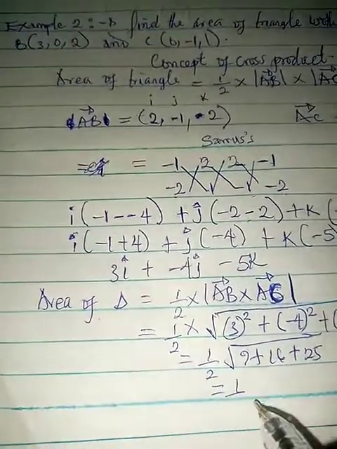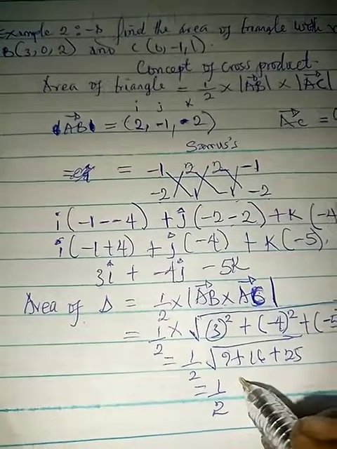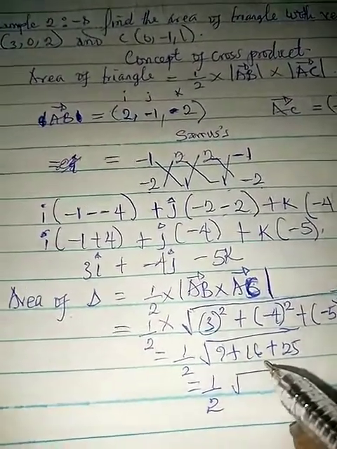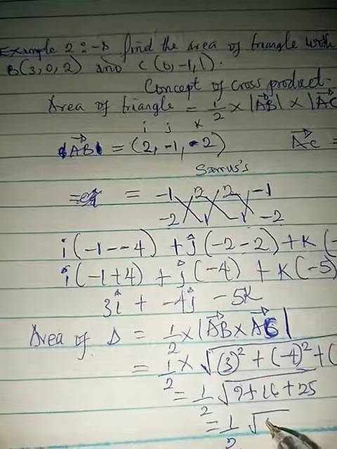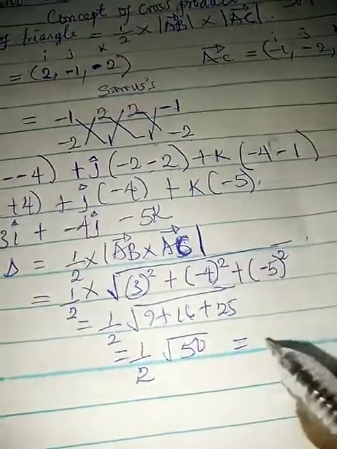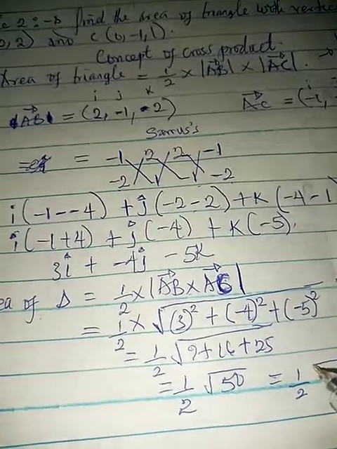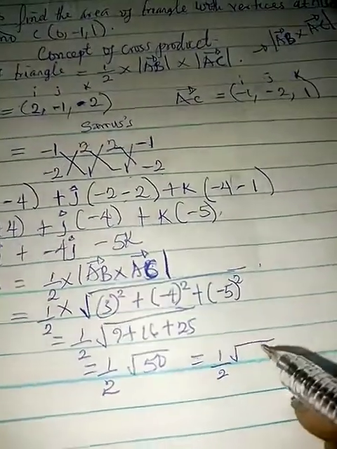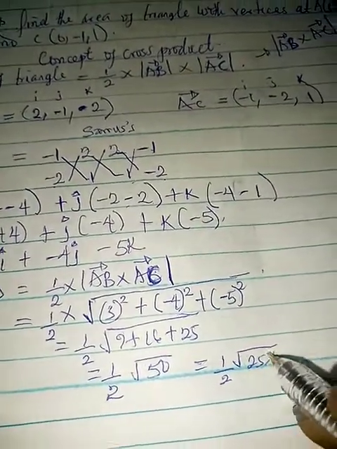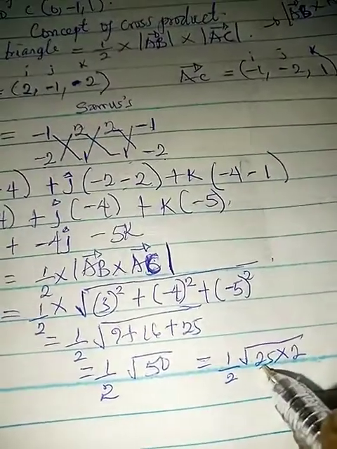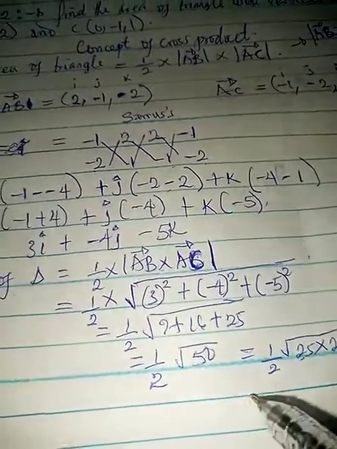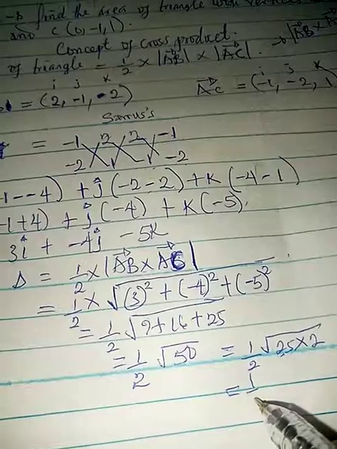So that will give us 1/2 root of 9 plus 16, 25, plus 25, that is 50. Then this 50 has to be split into 2, so it will become 25 times 2. It is split such that one of the values is a perfect square. So here we have 1/2.